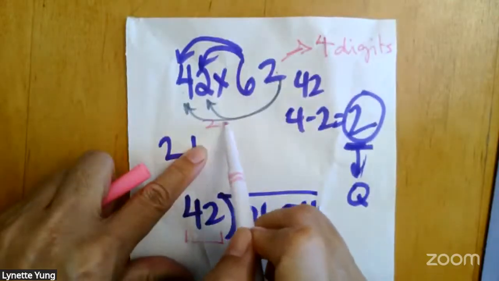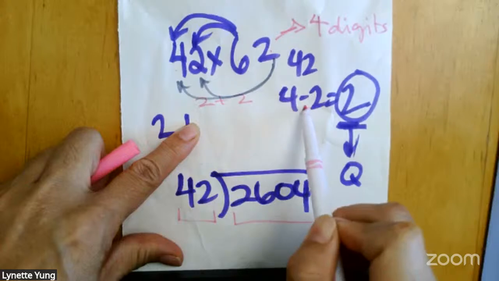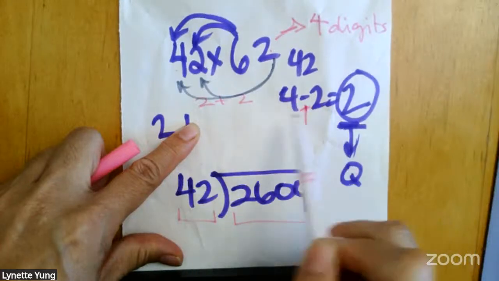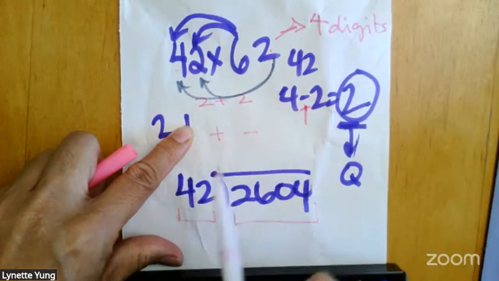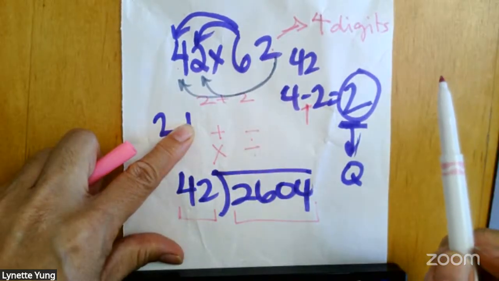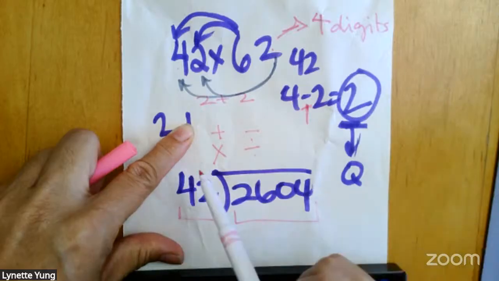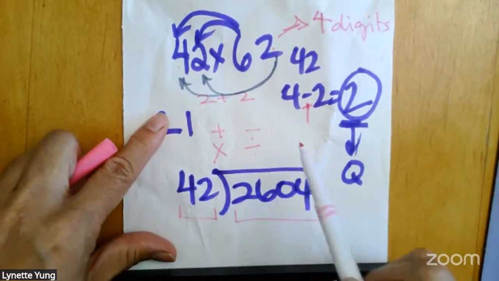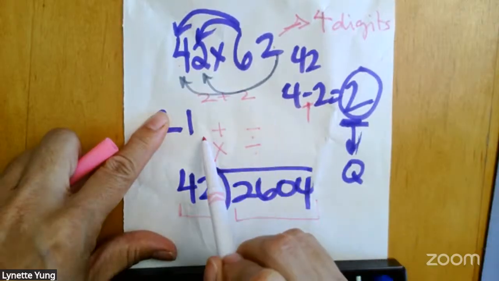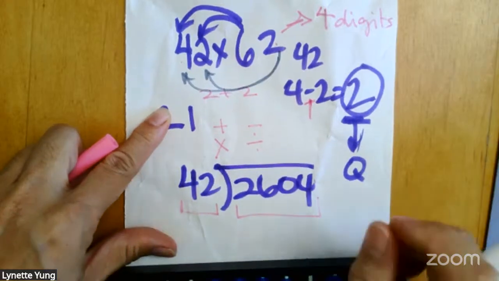Instead of adding the 2 together, we have to subtract. Because what is the opposite of multiplying? Dividing. What's the opposite of adding? Subtracting. So if you multiply, you can subtract. You explained that very well. Thank you. You have to make sure that whatever you do to one side, it's equivalent.